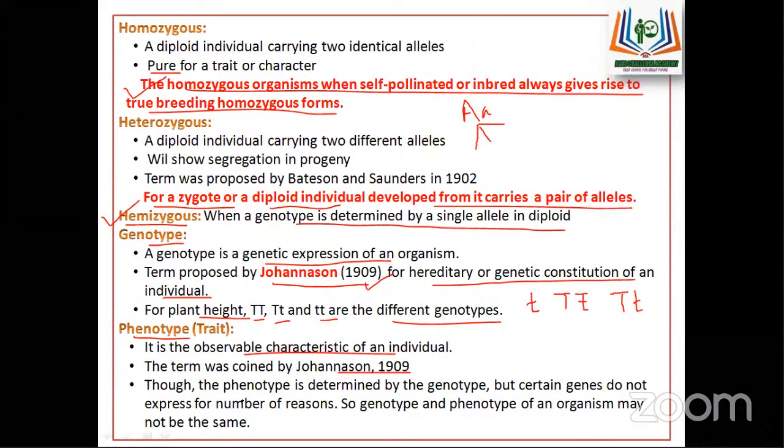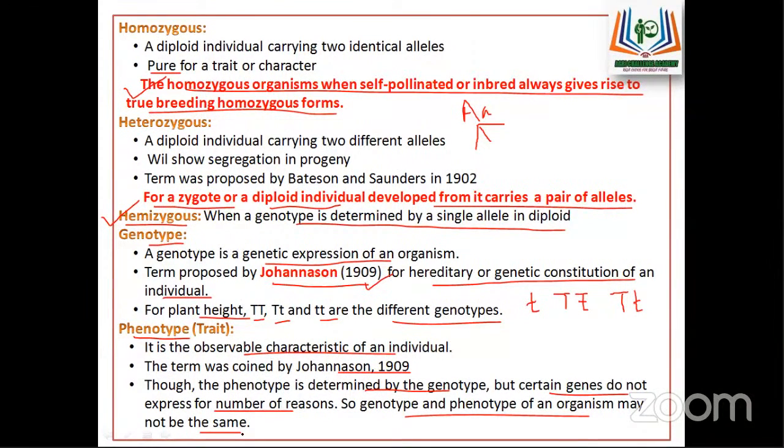Though the phenotype is determined by the genotype, certain genes do not express for a number of reasons. So the genotype and phenotype of an organism may or may not be the same. There are genes present in the individual, but because of some reason, such as epistatic interaction, environmental influence, photosensitive or thermosensitive interaction, or the character being a threshold character, they may not express. Like I explained yesterday, a threshold character expresses itself only when a particular set of conditions is available.